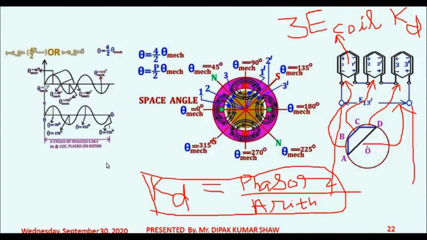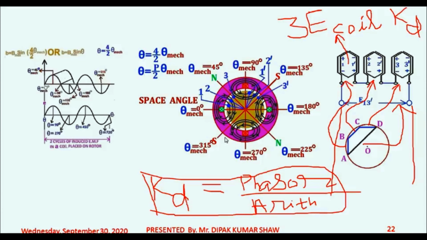That is similar to saying that you multiply the arithmetic sum of the coil EMF by the distribution factor Kd, and you will get the phasor sum only. So in this way we can calculate the EMF induced in series connected coils which are distributed over space. Distributed over space means distributed over the rotor periphery or stator periphery.